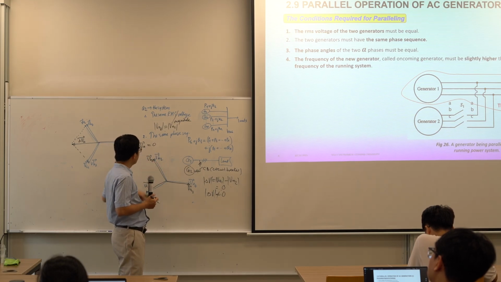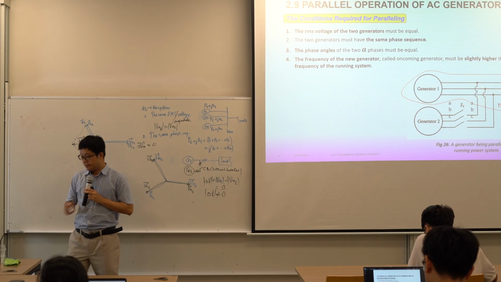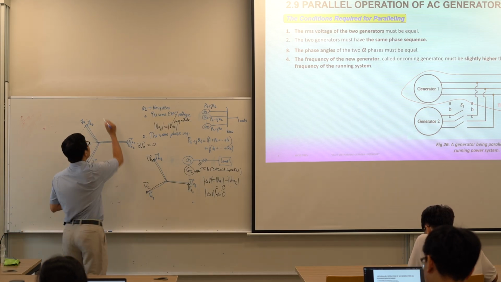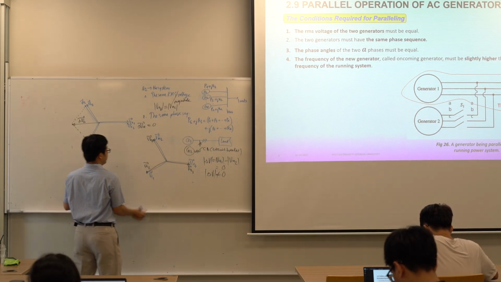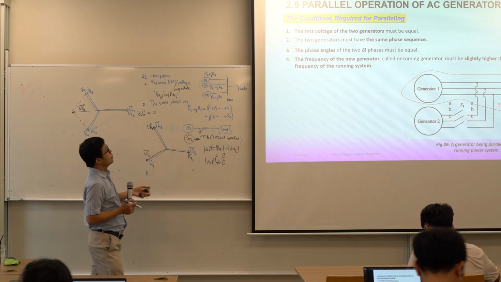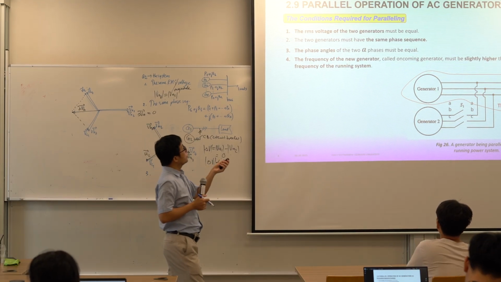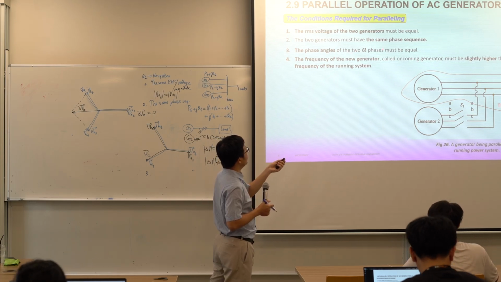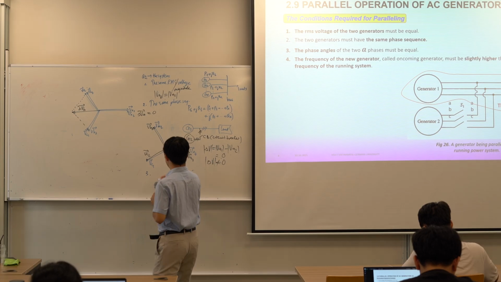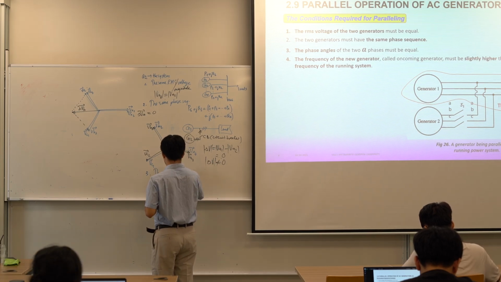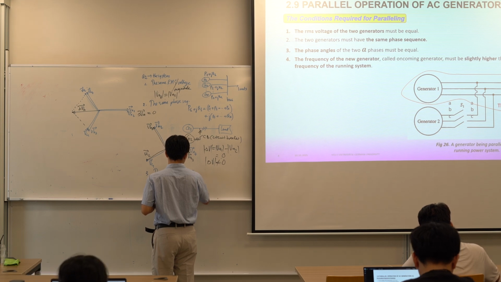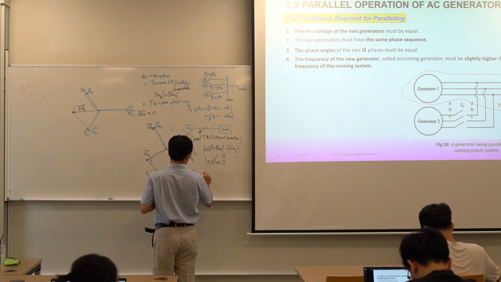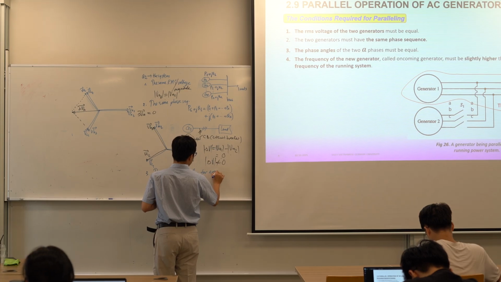Okay, so we should make sure we have the same sequence: AA, BB, CC. For instance, number 3: the phase angle of the two A phases must be equal. That means the same phase angle for every phase.